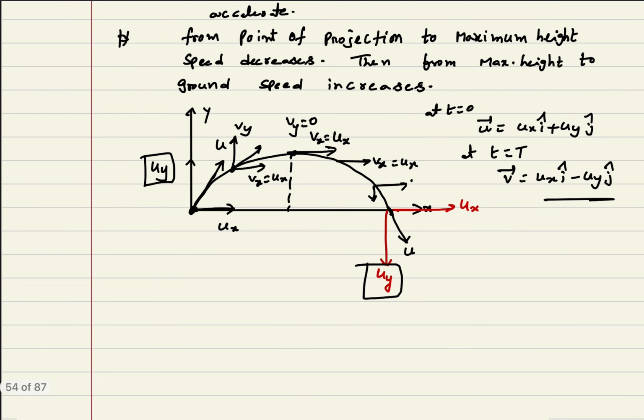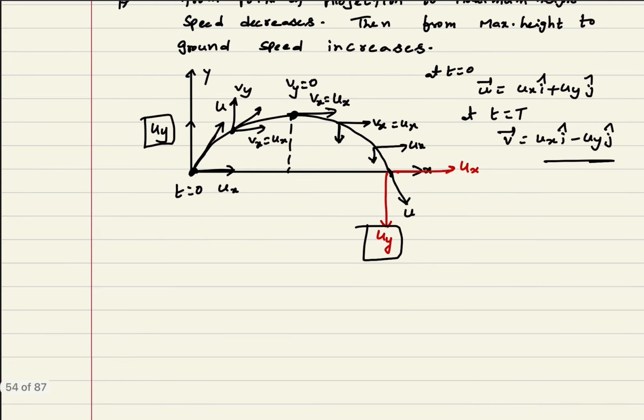Along the x-axis its speed is the same, ux is the same. From t equal to 0 to the highest point, the velocity has an upward component and a horizontal component. While coming from maximum height to the ground, the velocity is along the direction of the acceleration. Whenever velocity is in the opposite direction to the acceleration, the body retards, which means the body's speed decreases.